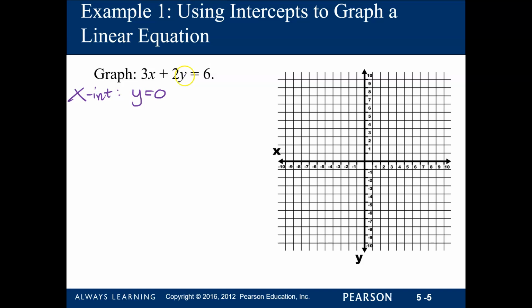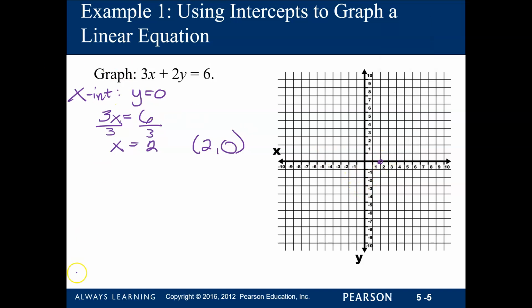So 2 times 0 is nothing, and we will have 3x is equal to 6. To solve for x, we divide by 3, and therefore, x is equal to 2. So we have a point where x is equal to 2, and the y value is 0. That is 1 point, (2, 0), and that point is going to be this point over here.